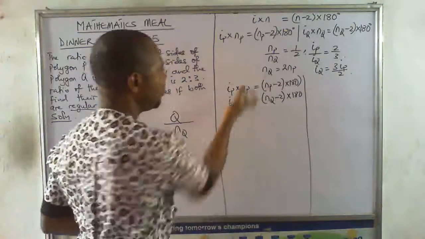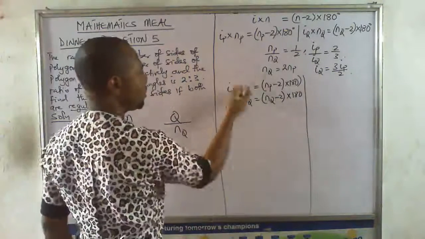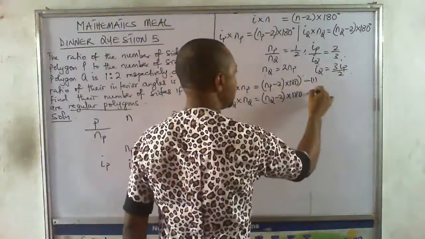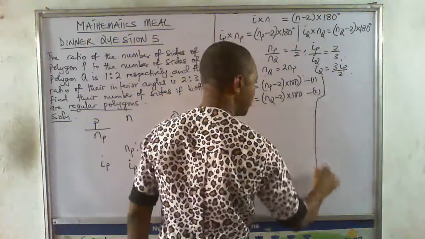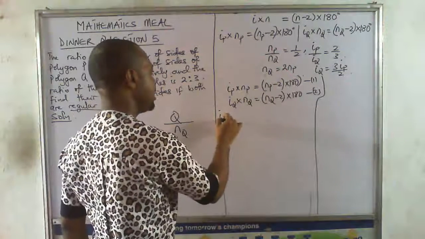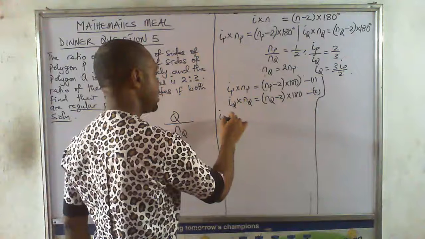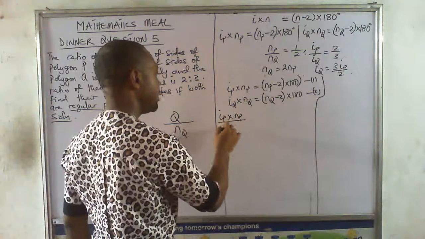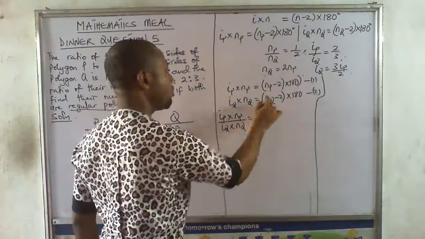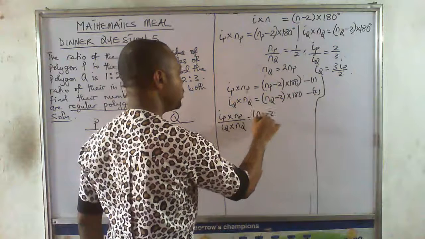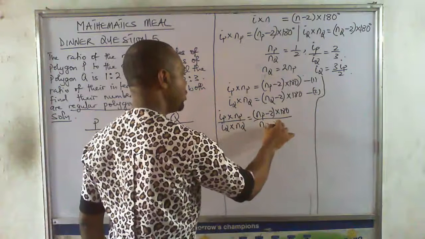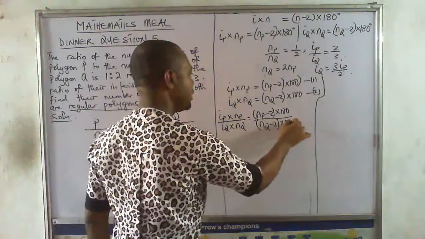If I divide both of these two equations, I'm going to have IP times NP divided by IQ times NQ equals NP minus 2 times 180 divided by NQ minus 2 times 180.